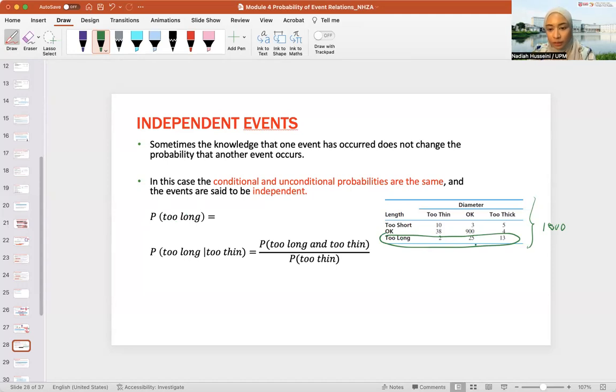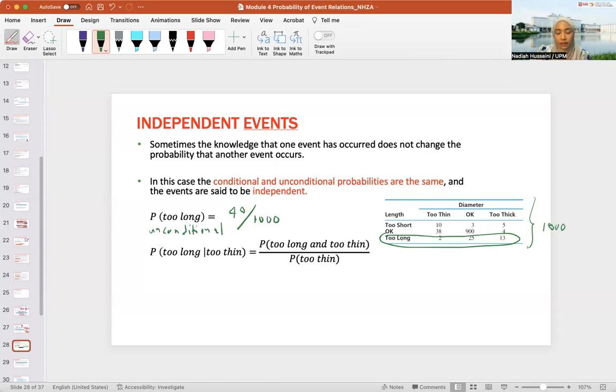So 2 plus 25 plus 13 over 1,000. That is 40 over 1,000. Now, this is an unconditional probability because it is based off the entire sample space. Remember the definition? Unconditional probability is based off the entire sample space. For conditional probability, the sample space is reduced. So this is unconditional.